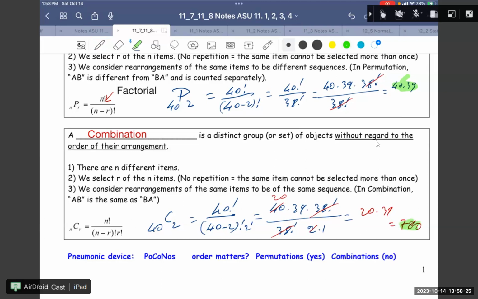And then over here, the top one, we get 40 times 39, so we have 1560.